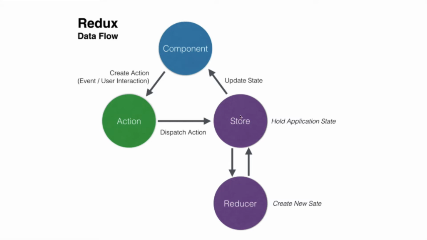Then the store refers to the reducer, and the reducer will be responsible for changing that particular state as per the action received, and it sends down the updated value to the store, and then the store updates the state, which is reflected in the UI. We will further dive into this diagram later on as well. For now, let's move on to the next slide.